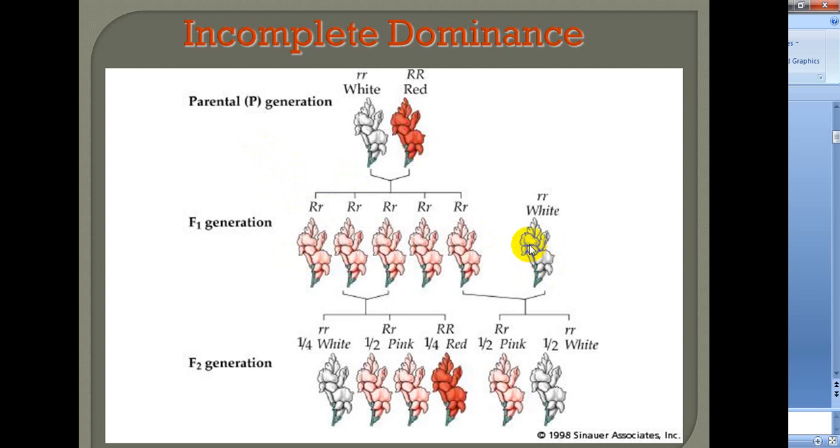We get 1/4 white, half pink, and 1/4 red when selfing is done between two plants of F1. But when we go for a test cross, we find half are of pink type and half are of white type.